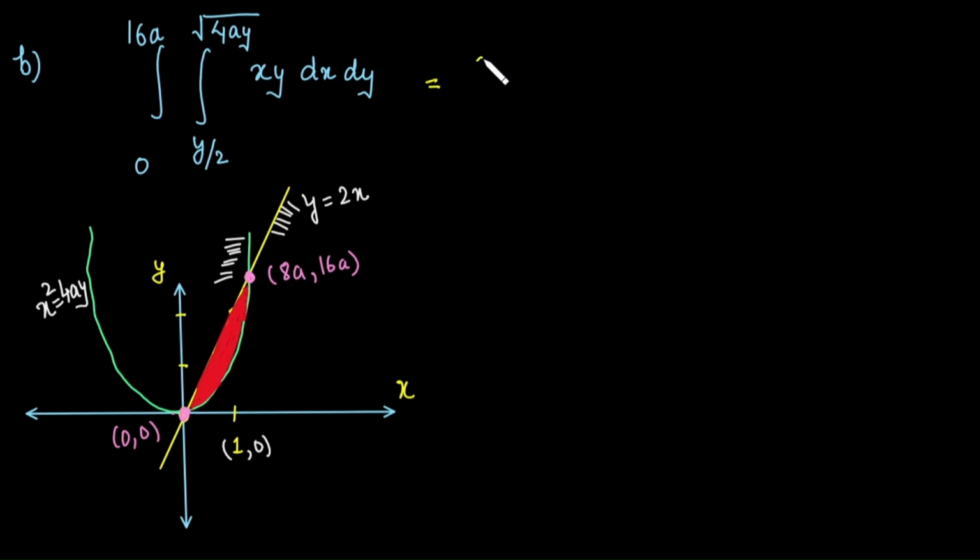How to change the order of integration in this case? First with respect to y, then with respect to x. The function xy remains as it is. How to take the limits for y? We will take a line parallel to the y-axis passing through this region in increasing order. In this case, this line enters this region through this curve.